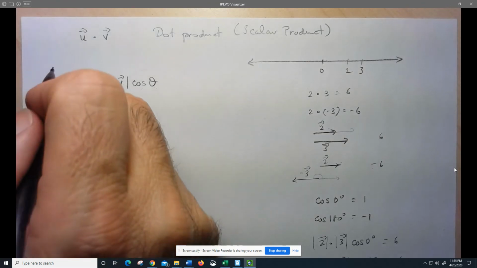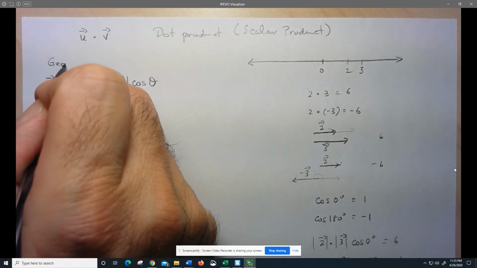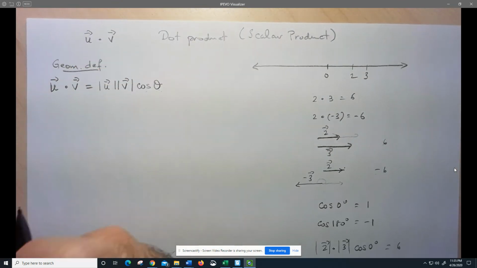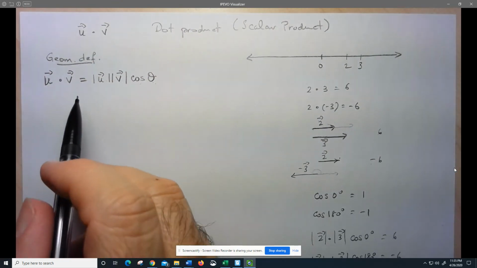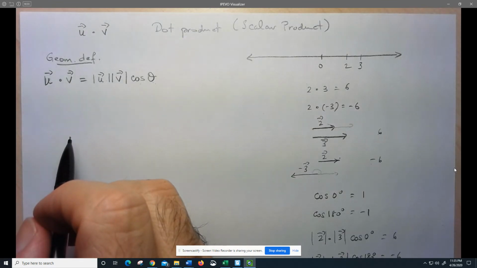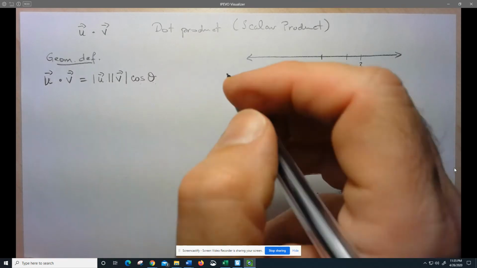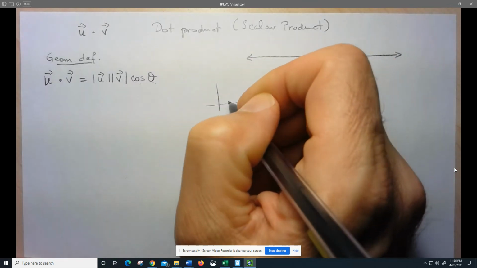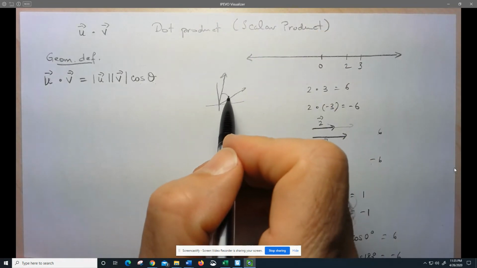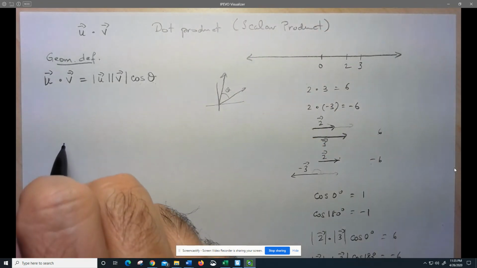So this is what we call the geometric definition of the dot product. It's not the one we necessarily want to work with when we're dealing with algebraic vectors, because it takes a fair bit of work to determine the angle between them.